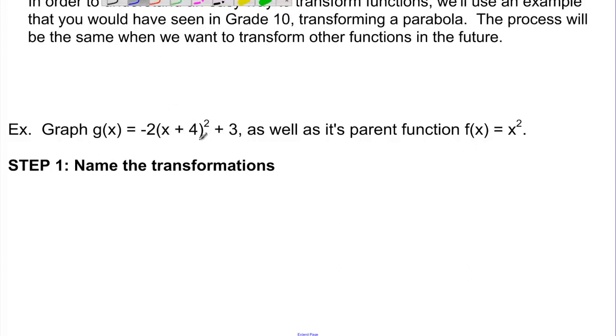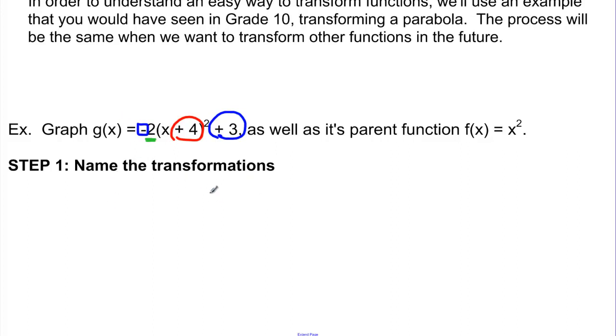We have this plus 3 right here, this plus 4 right here, this 2, and we also have this negative sign that's out in front. So for a parabola, those are 4 different things that are occurring, and we're going to name all 4 of them.